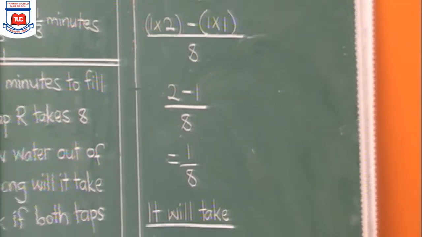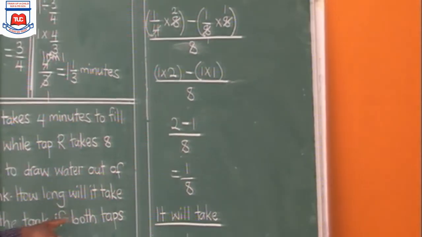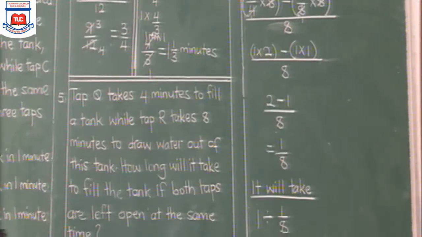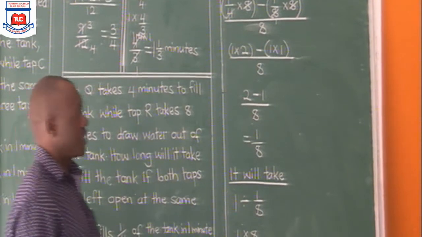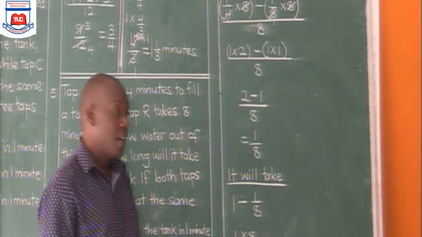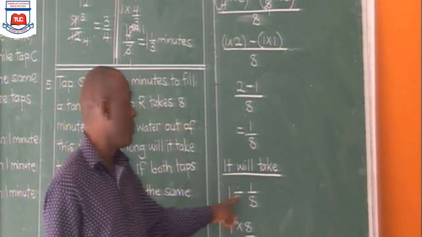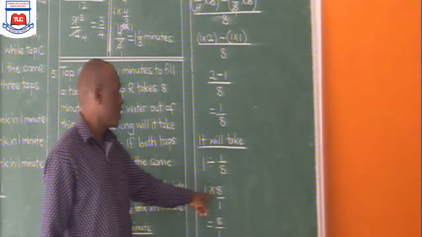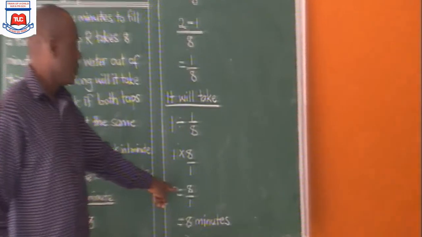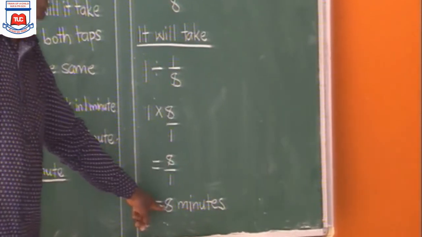Now the main question reads, how long will it take to fill the tank if both taps are left open at the same time? Remember, it's about filling one tank. So get 1 divided by an eighth, then 1 times the reciprocal, which is 8 out of 1, which is equal to 8 divided by 1, 8 minutes.